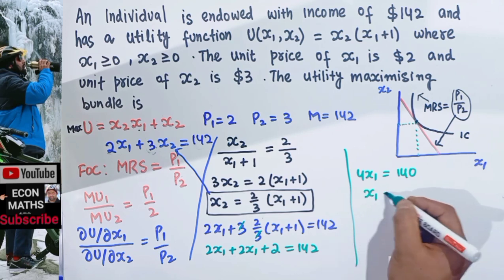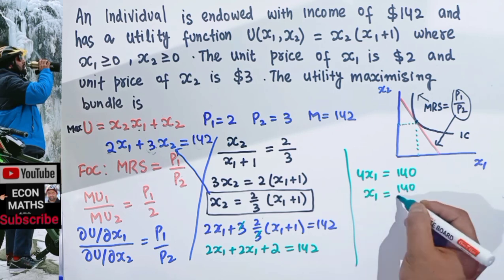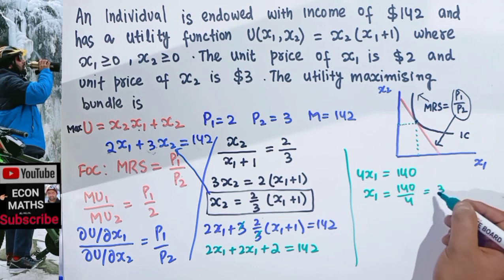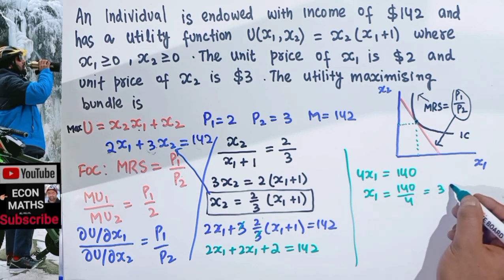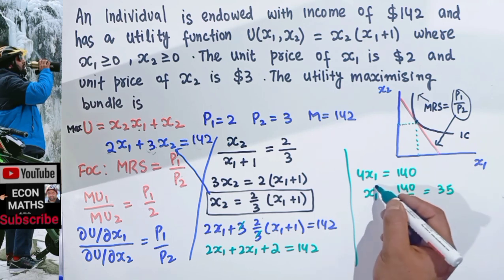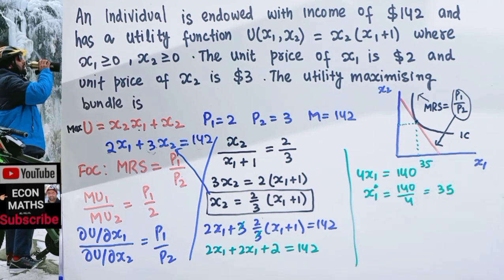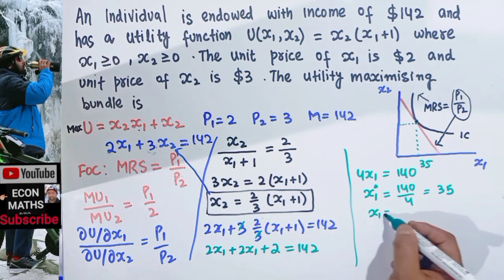That means x1 will be equal to 140 divided by 4. So this is 4 3s are 12, 13, 14, 4 5s are 20. That means optimal quantity of good x1 will be 35. So we got x1 is equal to 35.